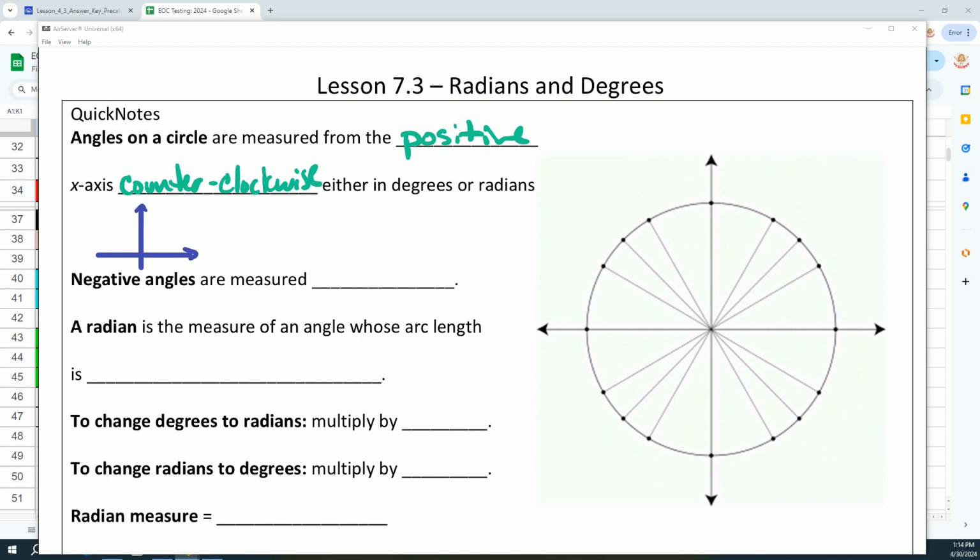And so what you do is from the positive x-axis, you're going to rotate a certain amount, and that forms an angle. What's that word? Counterclockwise. In the opposite direction that a clock moves. That's how your angles are going to be rotated.